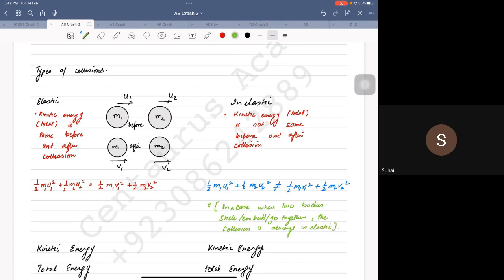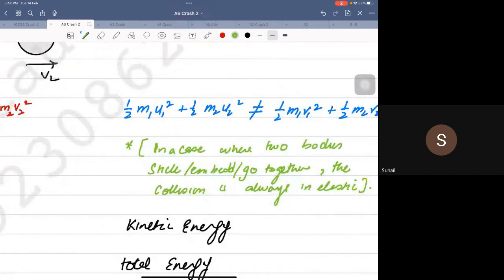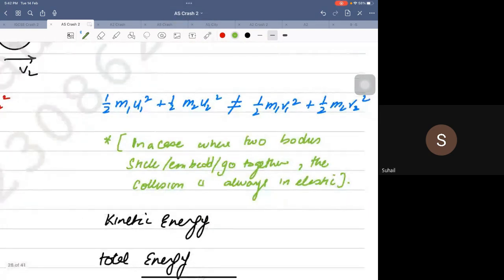So please do remember that. This is one thing that you should always remember. The reason is because when they stick, they lose a lot of energy, and that is the reason why we cannot call them elastic. And you will see when we are actually proving it too.